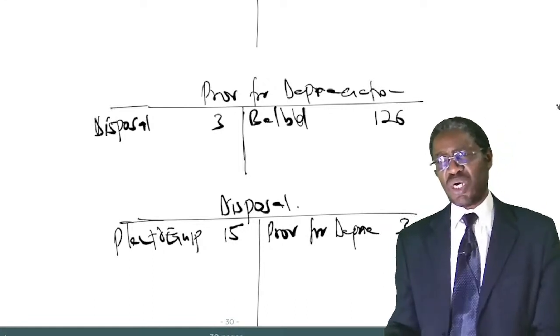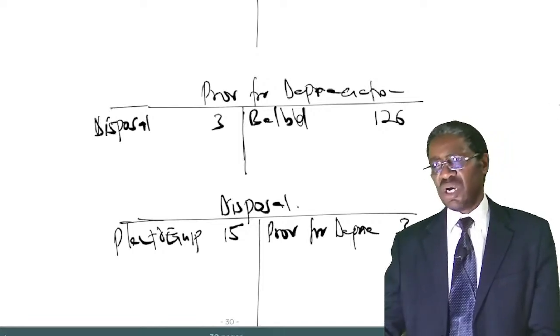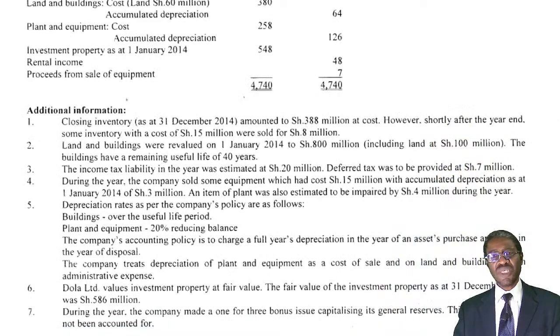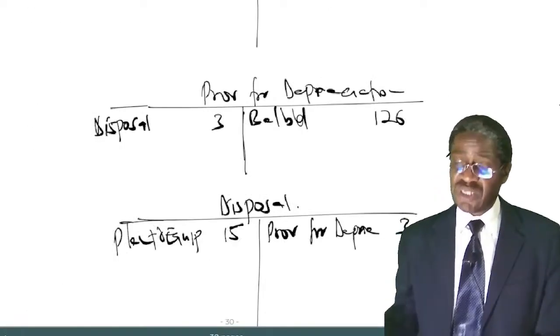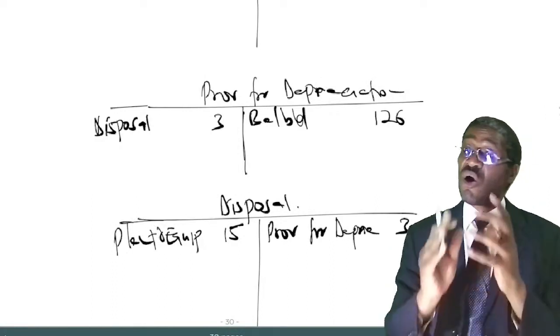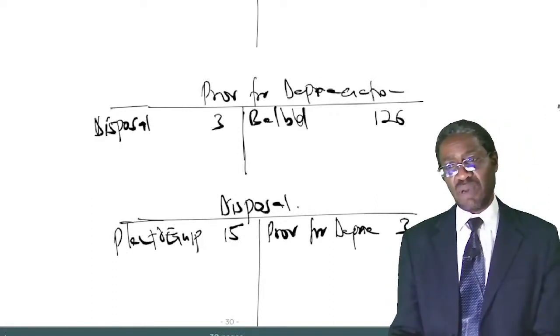If you look at the trial balance, the last item is proceeds from sale of equipment. The amount is 7 million. So we sold the equipment for 7 million. So we record that amount.